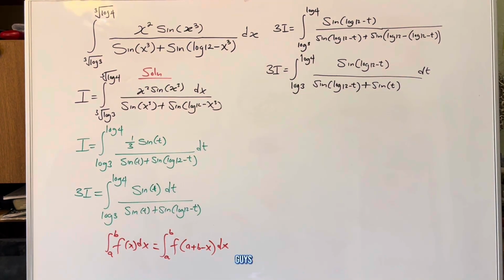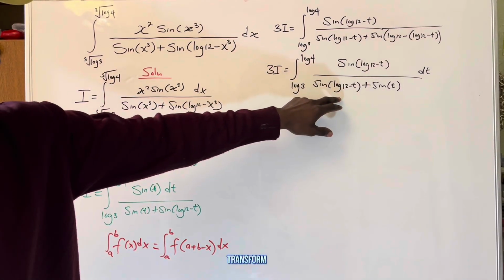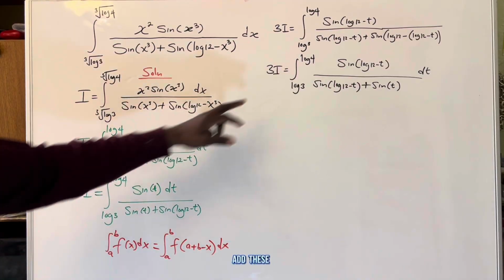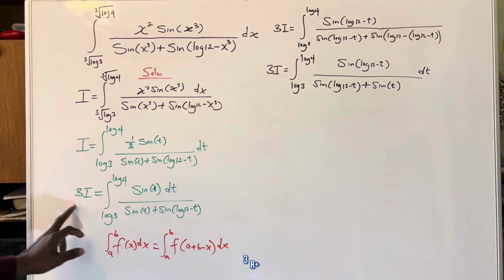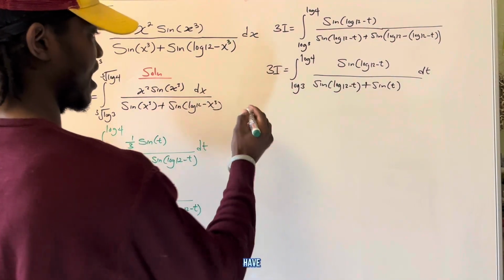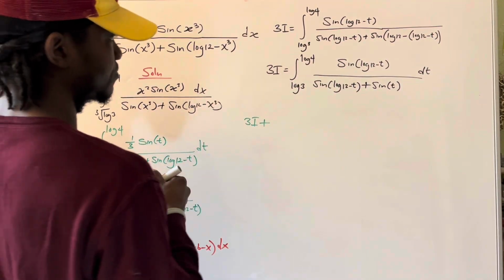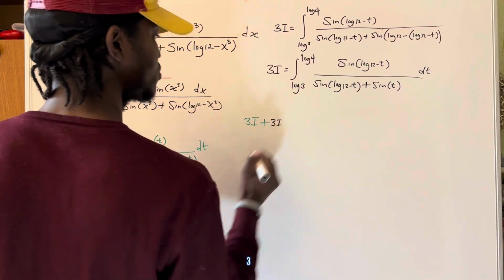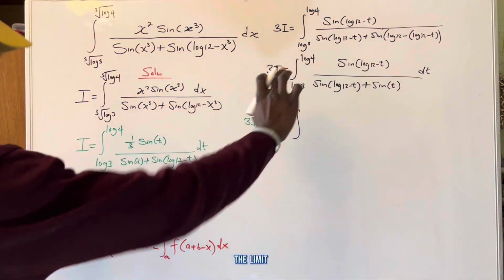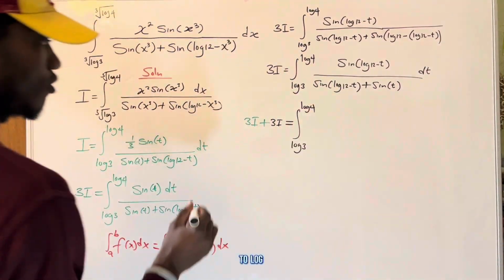Now observe, guys, this green integral is the one we transformed to this integral. So what we are going to do now, we are going to add these two integrals together. That is 3r plus 3r, and this will be equal to, now observe, we'll keep the limit because they are the same, log 3 to log 4.